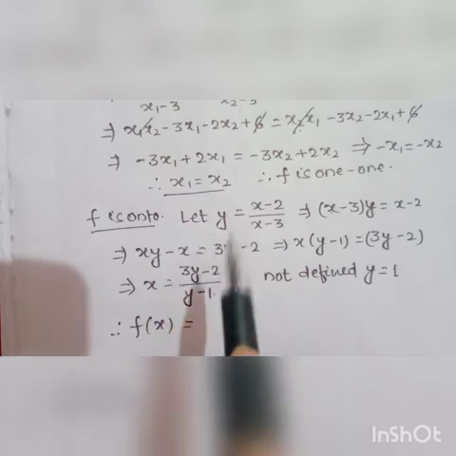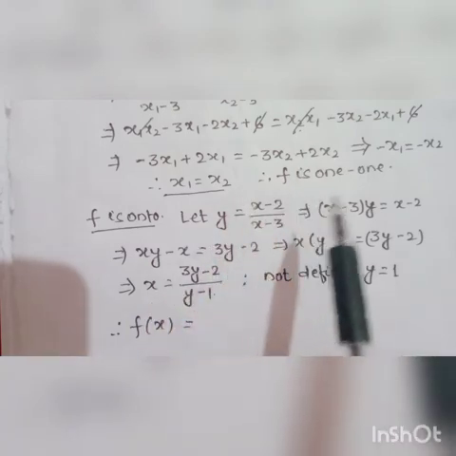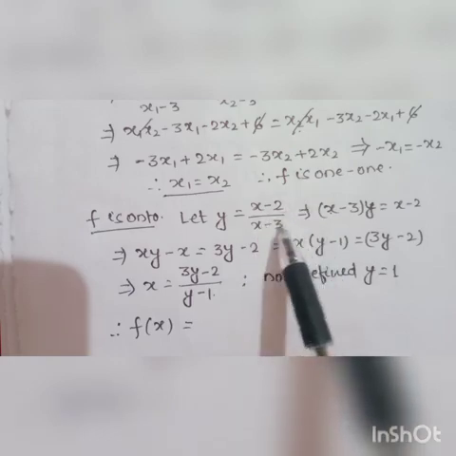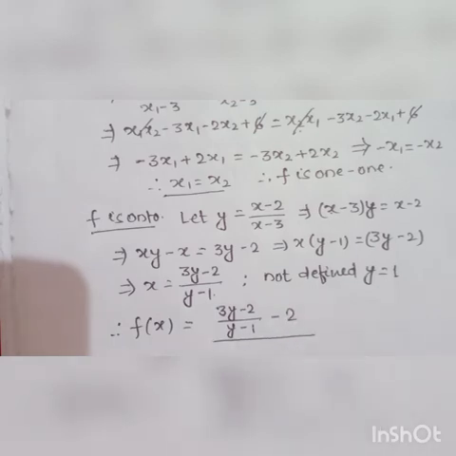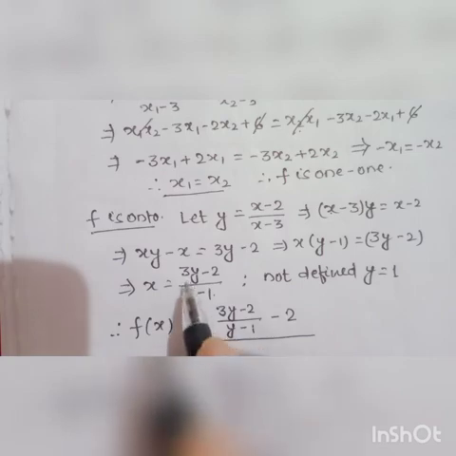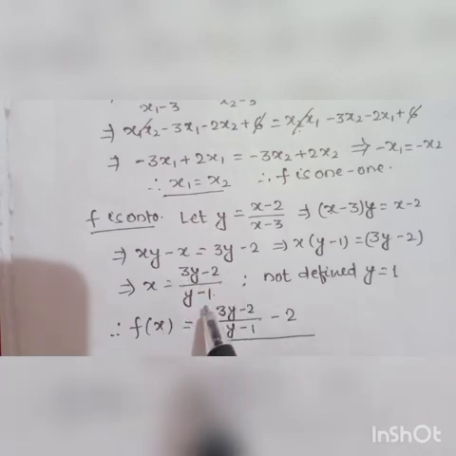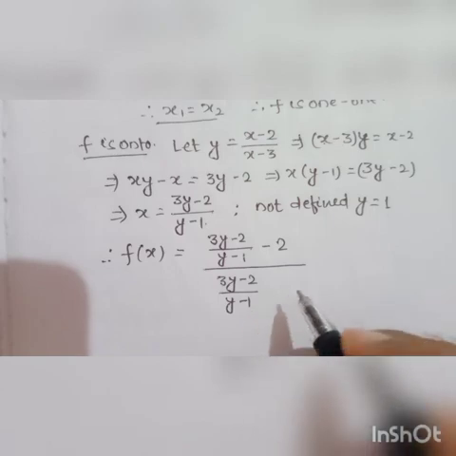Now come to the question: f(x) is equal to (x minus 2) upon (x minus 3). So replace x by its value, (3y minus 2) upon (y minus 1): ((3y minus 2) upon (y minus 1) minus 2) upon ((3y minus 2) upon (y minus 1) minus 3).